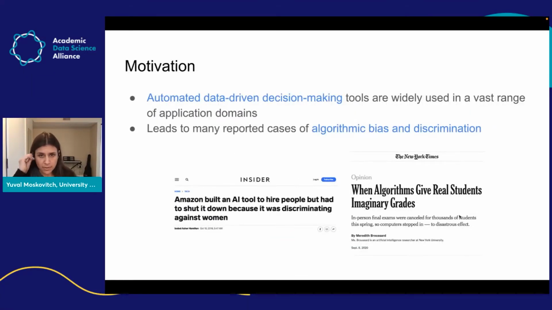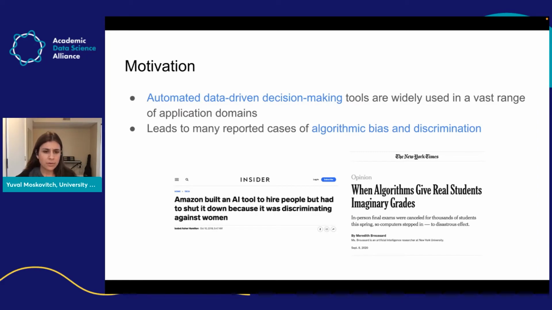Automatic data-driven tools are widely used these days in many application domains, in particular tools that are used for decision making. The increasing use of those tools also leads to many cases of algorithmic bias and discrimination.